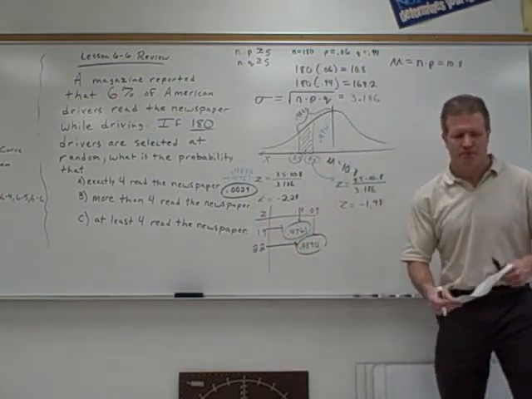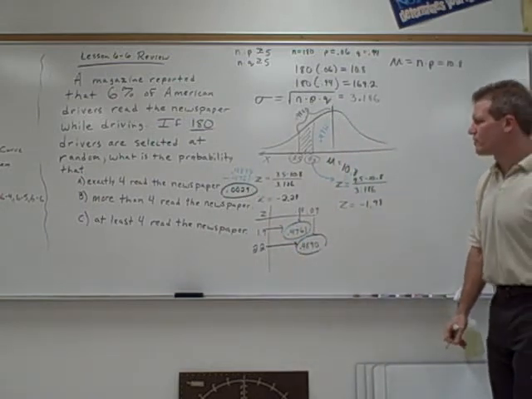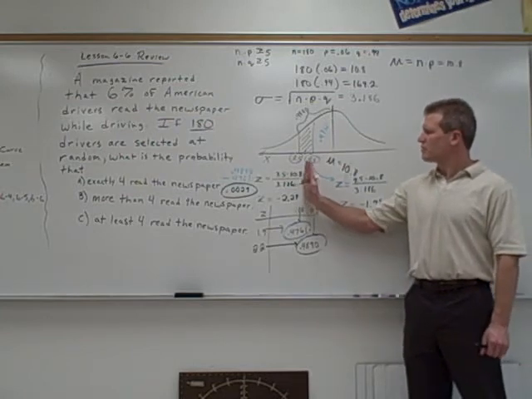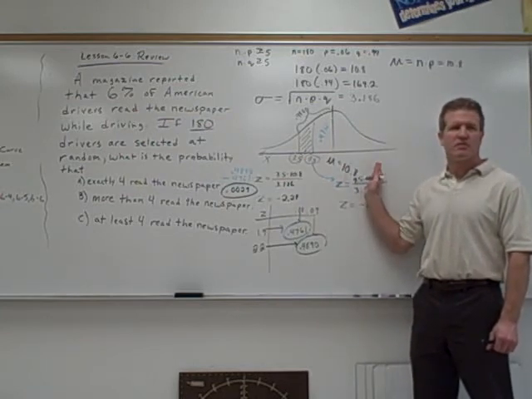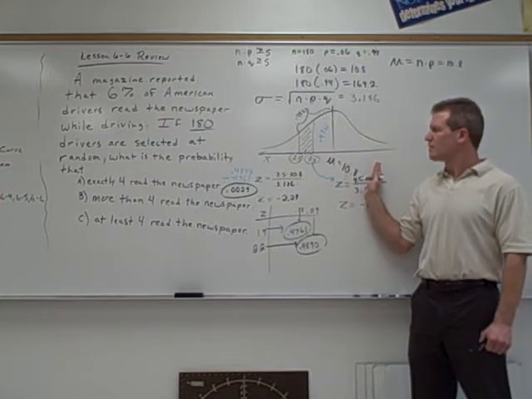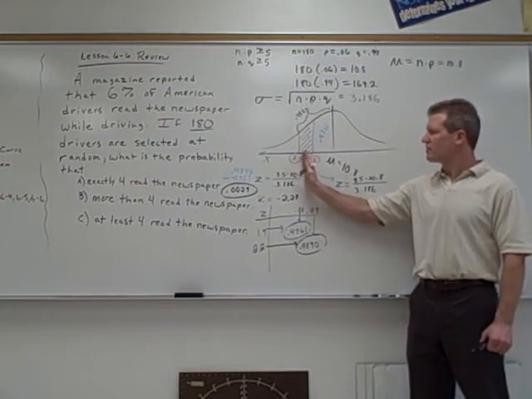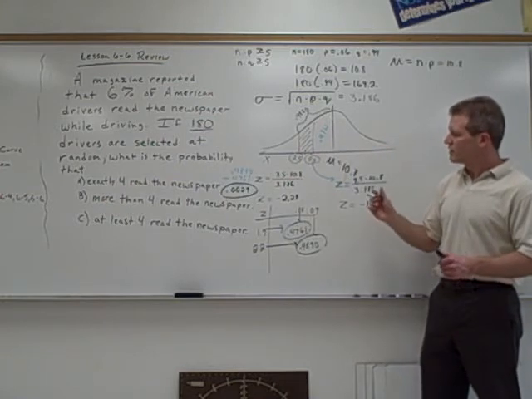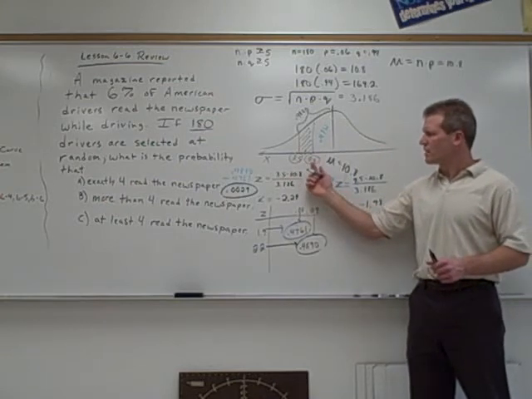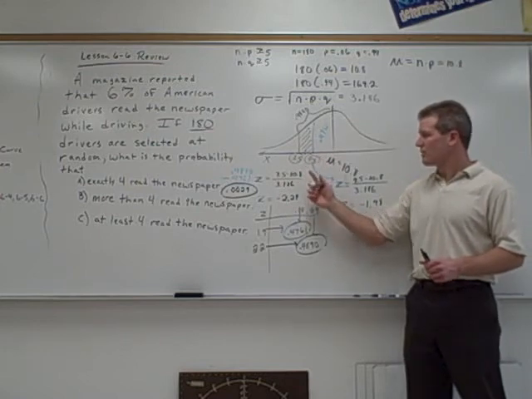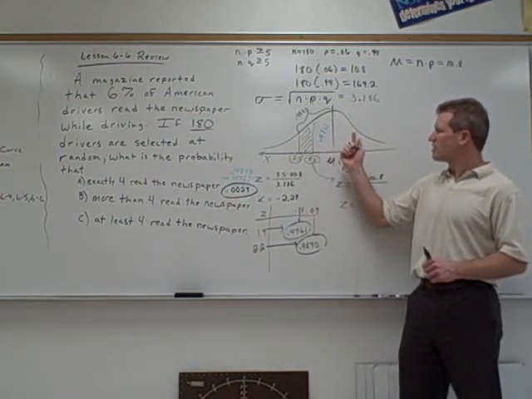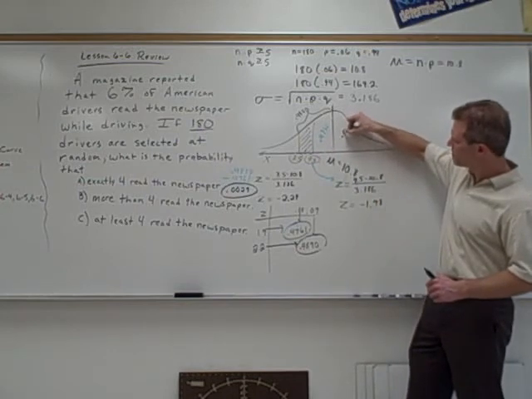But look at B. What's the probability that more than 4 read the newspaper? Well, more than 4 would be from which number to the right? 3.5, 4.5? 4.5, yeah, because you have to understand that anything between 3.5 and 4.5 is considered 4, would round to 4. So when they say more than 4, we don't want to include the strip. We want to include this area plus this area, which would be 0.5.